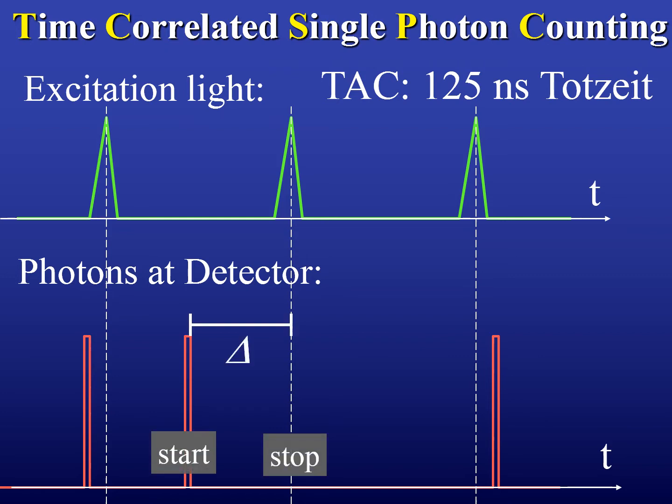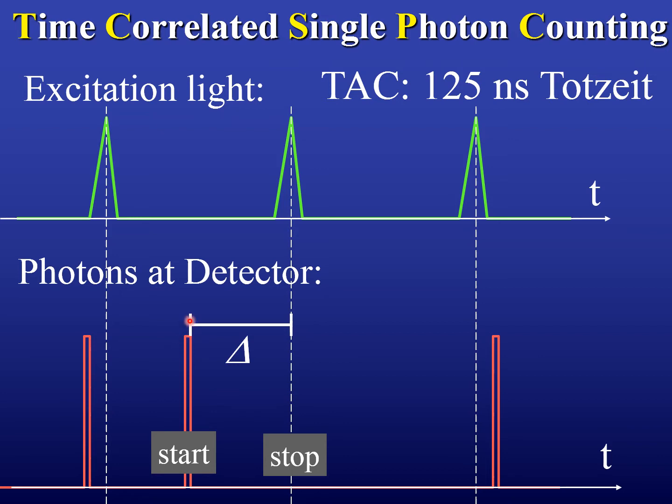So you use this time delta from the photon arriving to the next pulse as your timing. Of course, it's slightly less precise because there might be a little bit of jitter between these pulses, but it turns out these come from a coherent laser cavity. It's extremely precise, so you can completely neglect this jitter and get a very precise timing.